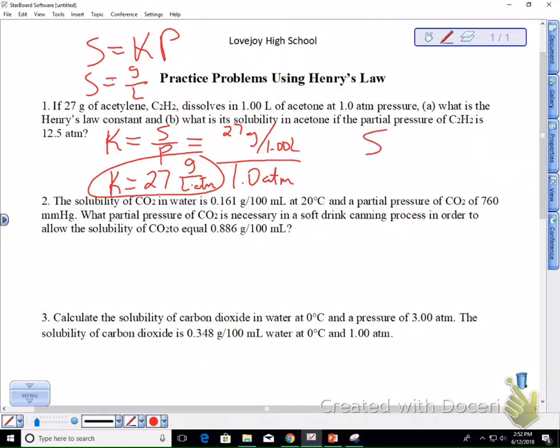Well, now that we know K, we just plug it in, 27 grams per liter atmosphere. Now the pressure is 12.5. See how the atmospheres cancel? So the solubility is going to be 340 grams per liter.